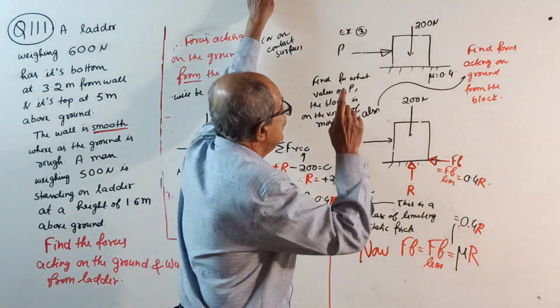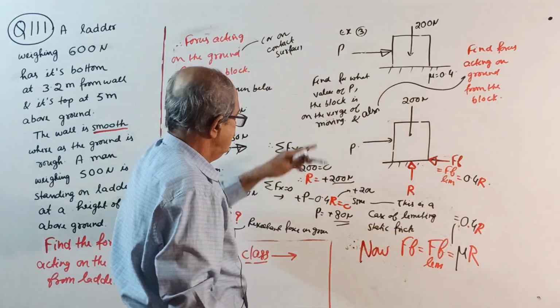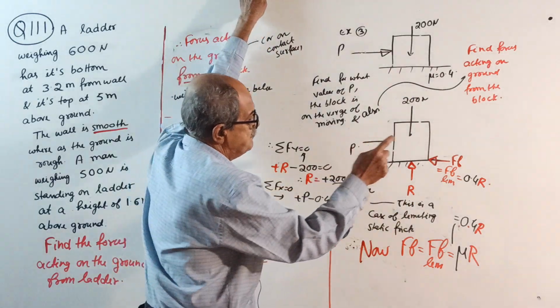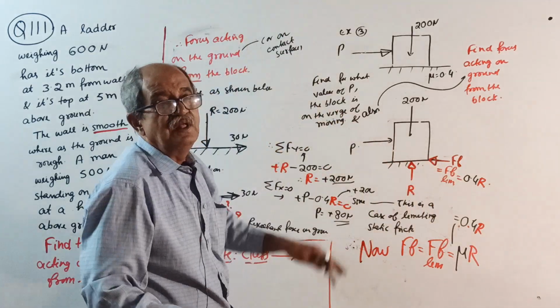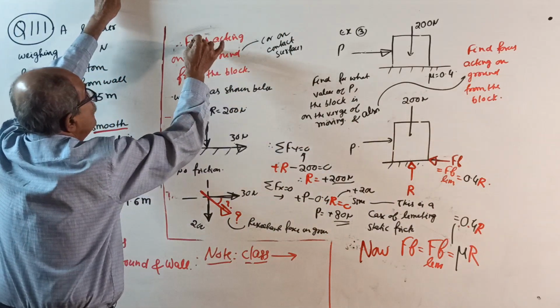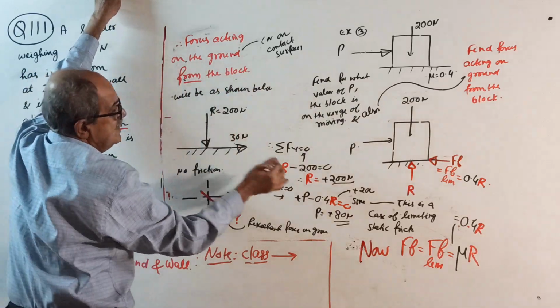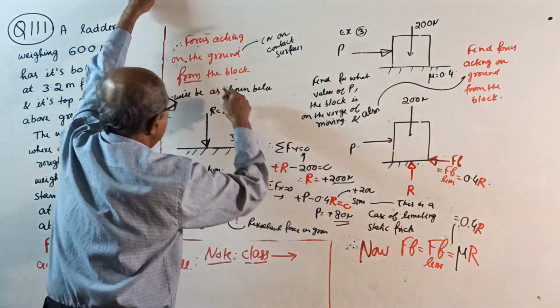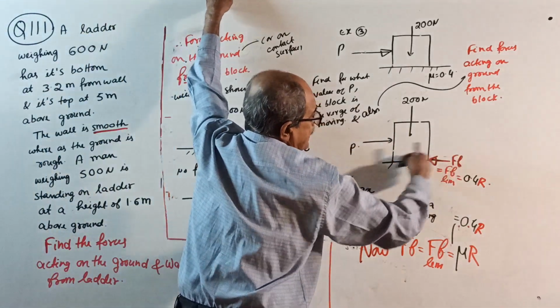Therefore, the normal reaction R is upward 200 Newton and the frictional force 0.4 R is the limiting friction. See now, the same thing here. Write, the force acting on the ground from the block will be downward 200, with reaction R upward. Friction on the block is to the left side.